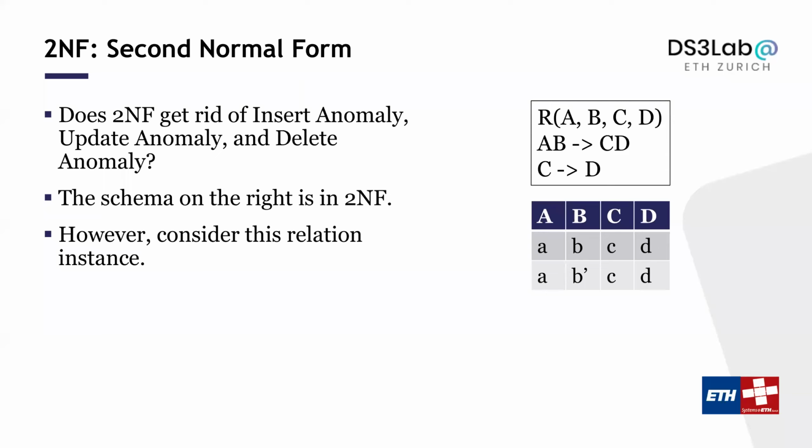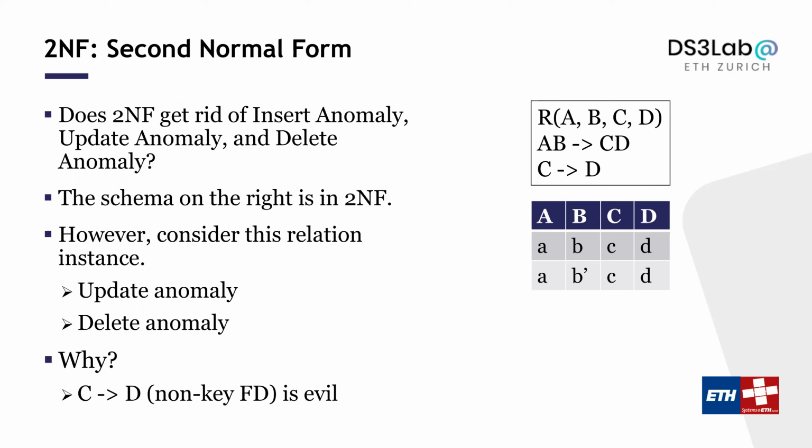That's another type of data redundancy in this relation, and because of that you could have anomalies, update anomaly and delete anomaly. But on the other hand, this relation is in second normal form.